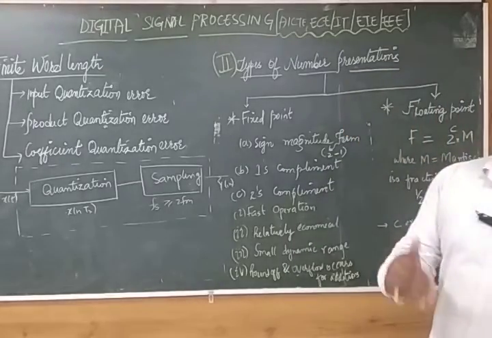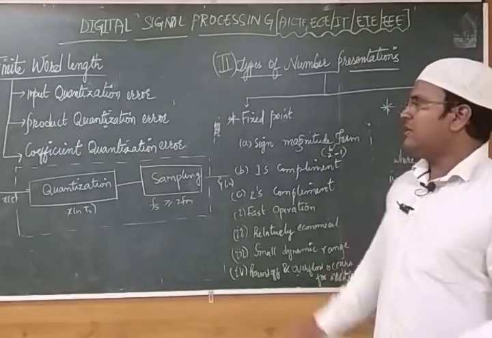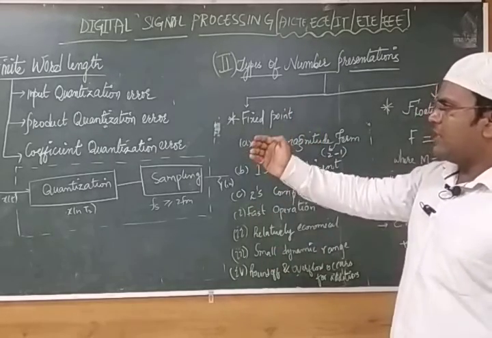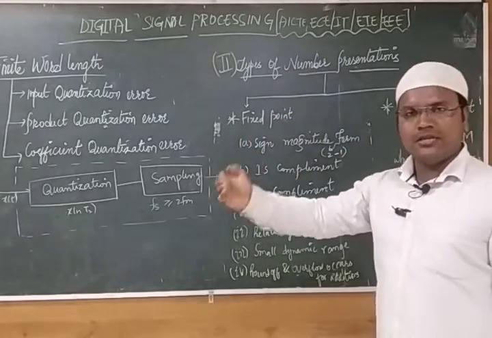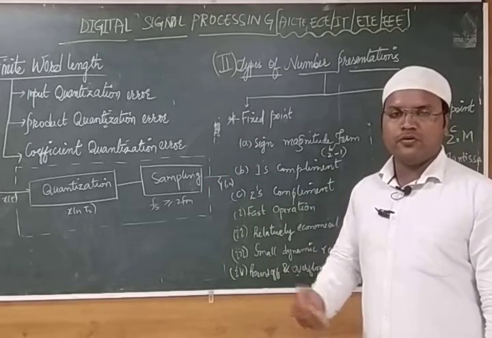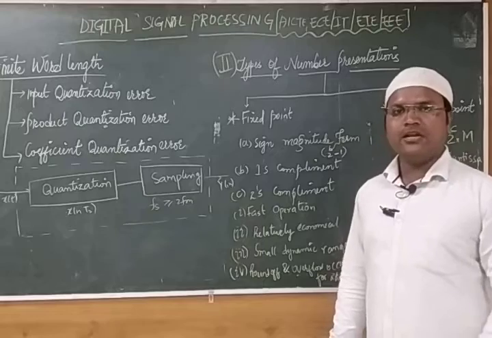Input means we are giving input values to the digital signal processor. When it takes the inputs, they get quantized, meaning the continuous signal is converted into discrete form, and when converting into discrete form, you get errors.